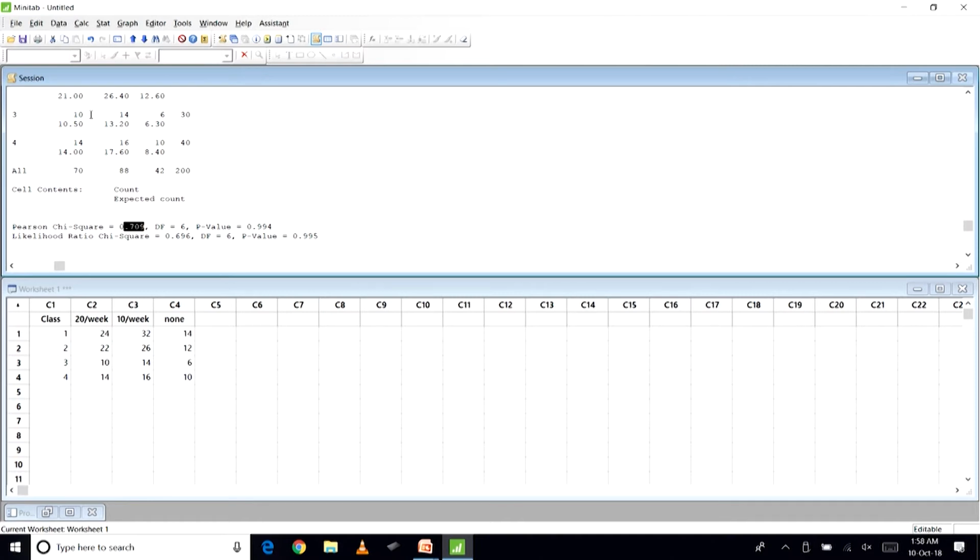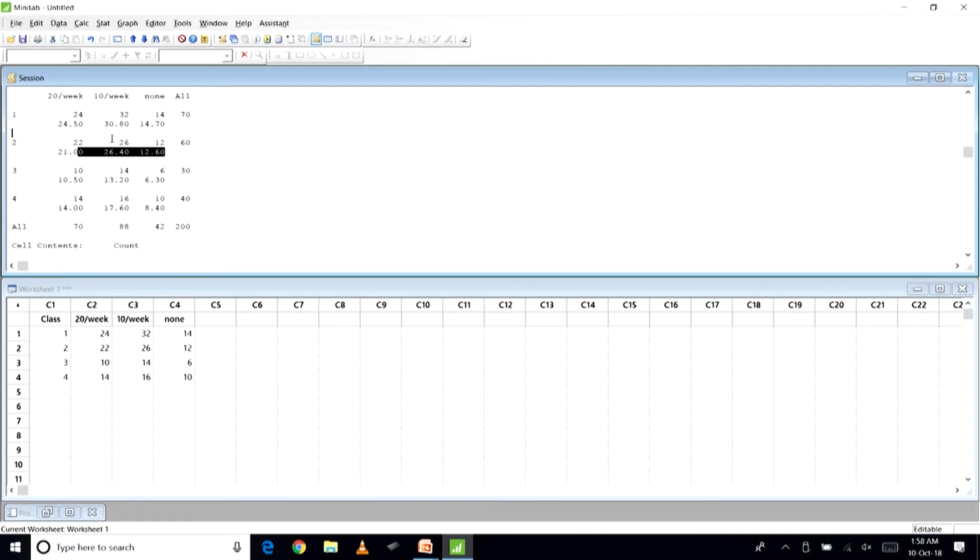So, let us say this is the expected value for the first year. It is 24.5. How did we get this? It is row total into column total divided by 200, right. So, we are getting the same answer. This is how you can look at other values, you can just go down.